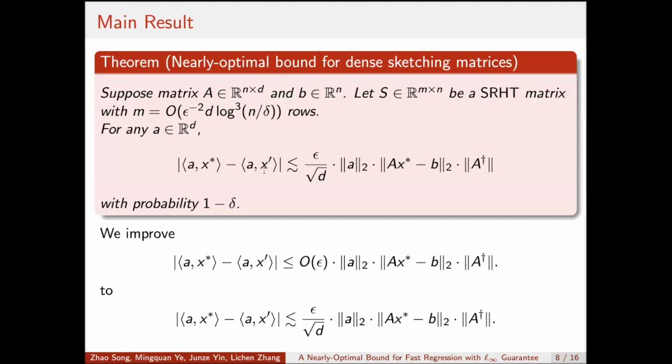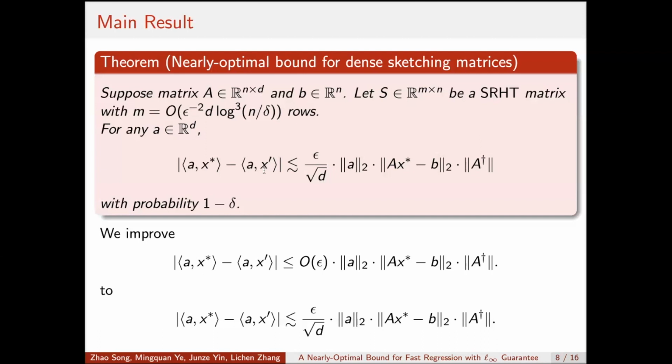For any arbitrary vector A, we can show that the absolute value of the difference between the inner product of A and X star and the inner product of A and X prime is bounded by the right-hand side of the equation, namely epsilon over the square root of D times the L2 norm of A times the L2 norm of AX star minus B times the spectral norm of the pseudo inverse of the matrix A. This holds with probability 1 minus delta.